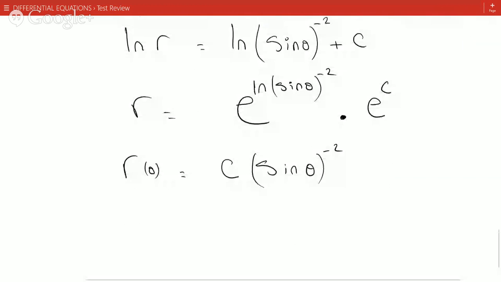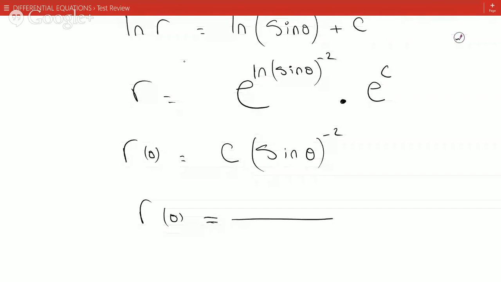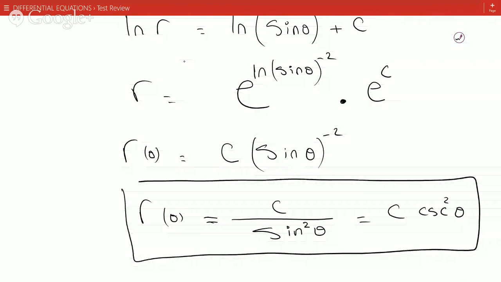And if I bring this down, then we get r of theta equals c over sine squared theta, or what you can name it as c cosecant squared theta, whatever you want. Those are equally identical solutions. Right? Questions?